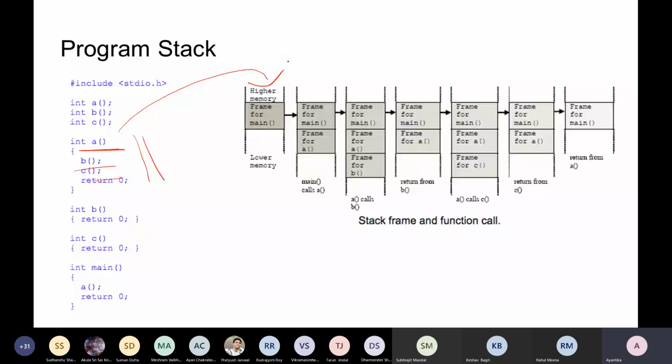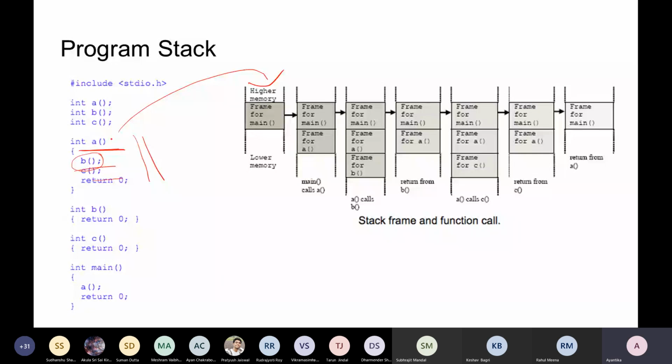And what do we store in that program stack? The variables we are using in that particular program, and if it is calling some other program, then after we finish the execution of that other program, where will I return? That is the return address.